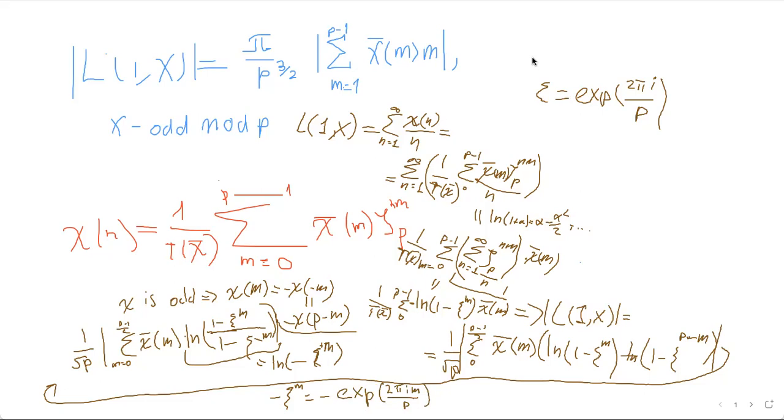Exponent of pi I is minus 1, so this is exponent of 2 pi I m divided by p plus pi I, for example.